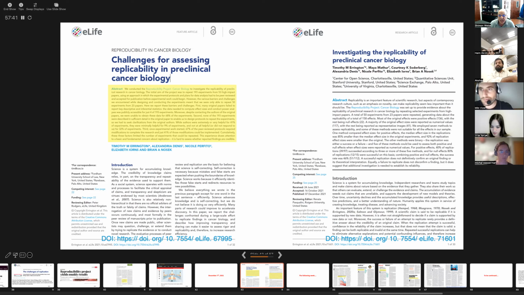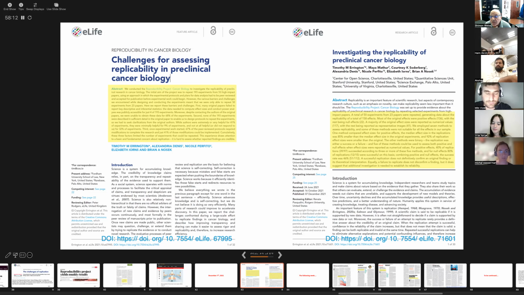The second back-to-back paper from the same group of authors is titled Investigating the Replicability of Preclinical Cancer Biology. So that's a real paper. That is a paper that reports on the successfully reproduced experiments. So a total of 50 experiments from 23 papers were repeated, generating data about the replicability of a total of 158 effects.